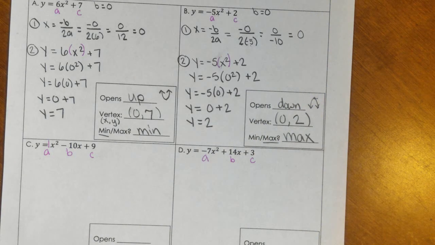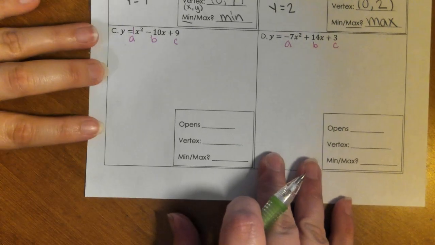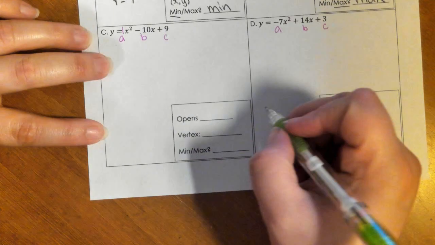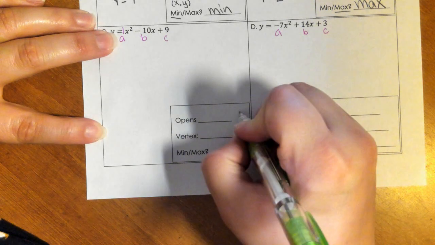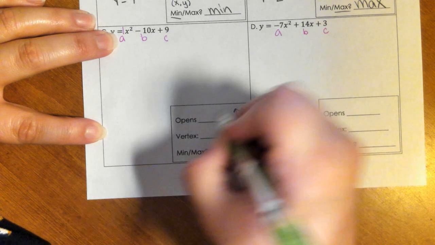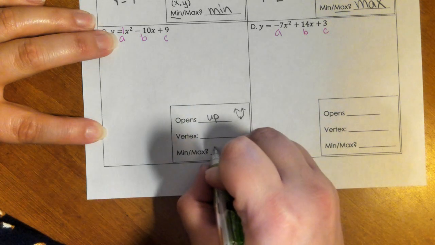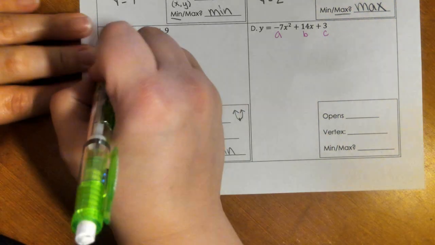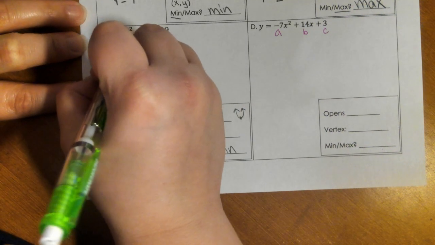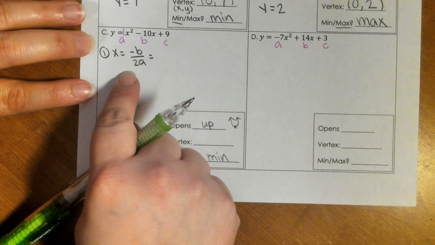Okay. Now, for letter C, let's do the opens part. So A is a positive 1. If A is positive, it opens up. My vertex is a low point, which is a minimum. Step 1. We need to plug in our numbers to the x equation.